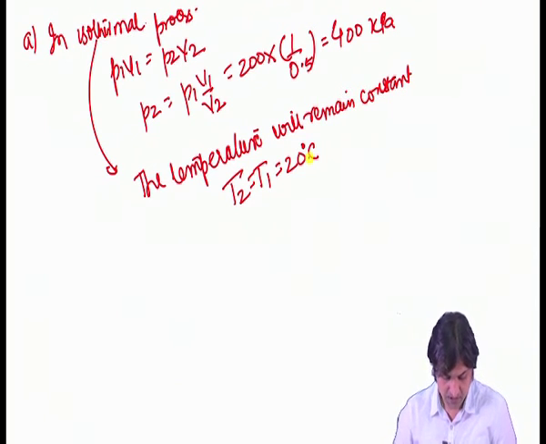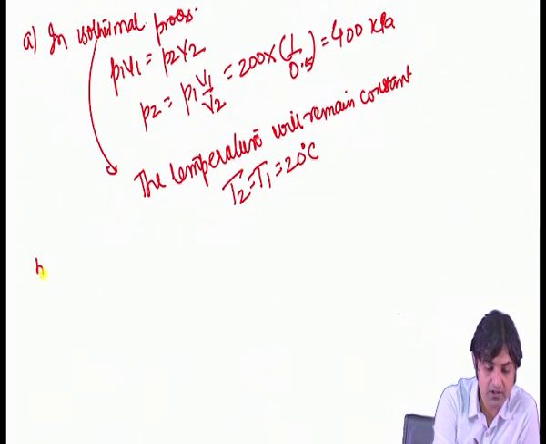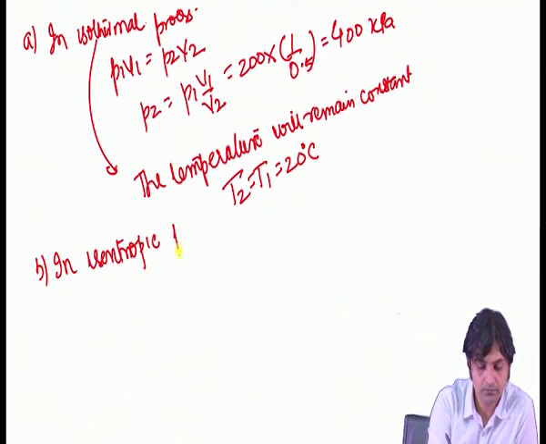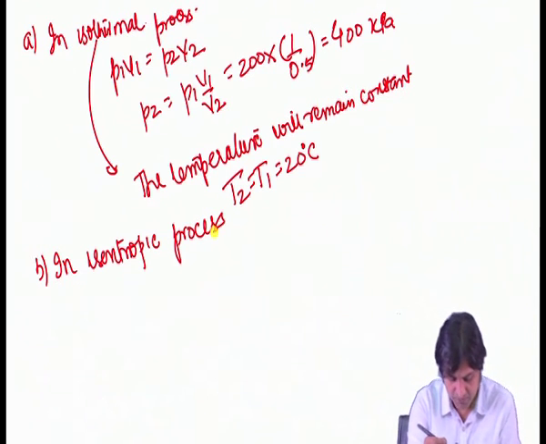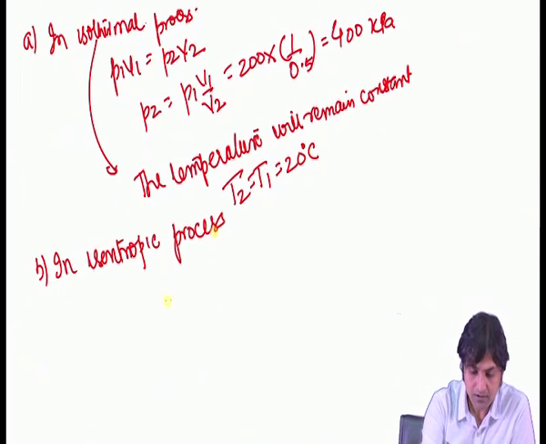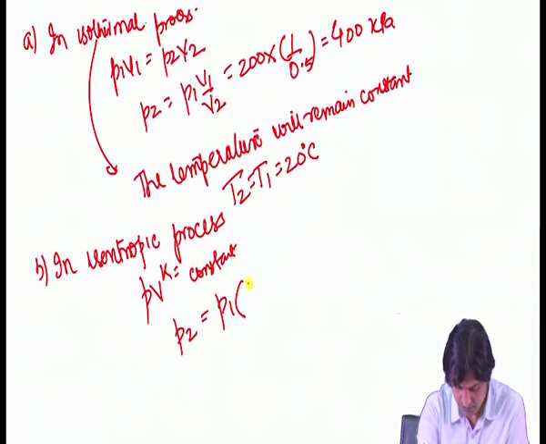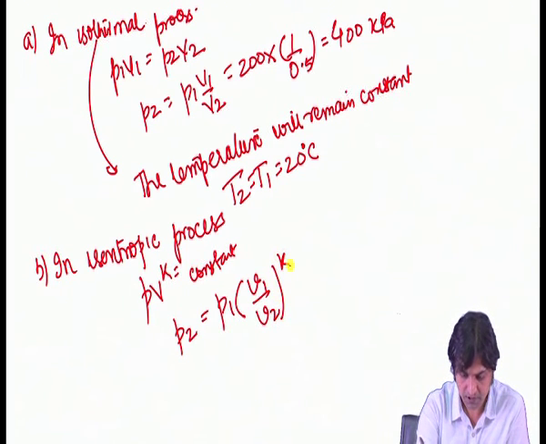The second part, in isentropic process, what happens in isentropic process? PV to the power k is constant. So in this case, P2 will come to be P1 multiplied by V1 by V2 to the power k.